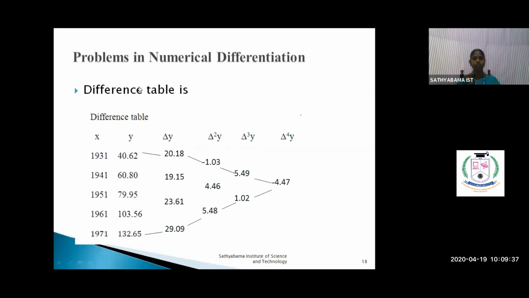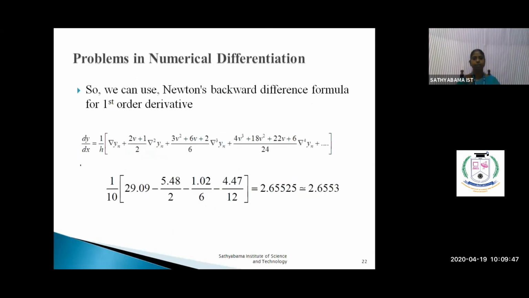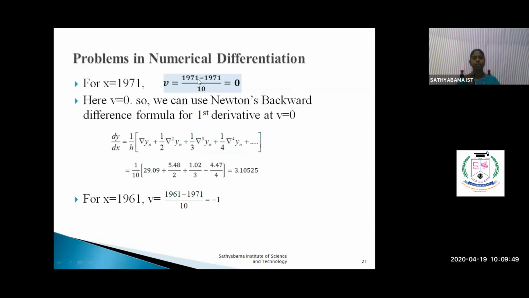1971 is what your xn. So at x is equal to xn, what happened in u? xn minus xn, so it becomes 0. So for the year x is equal to 1971, v is 0.